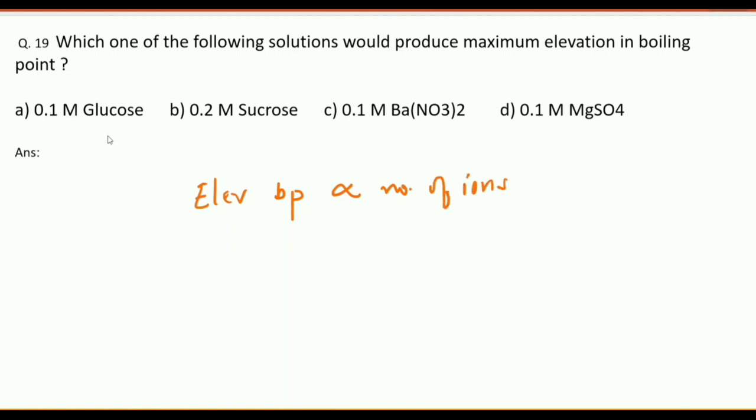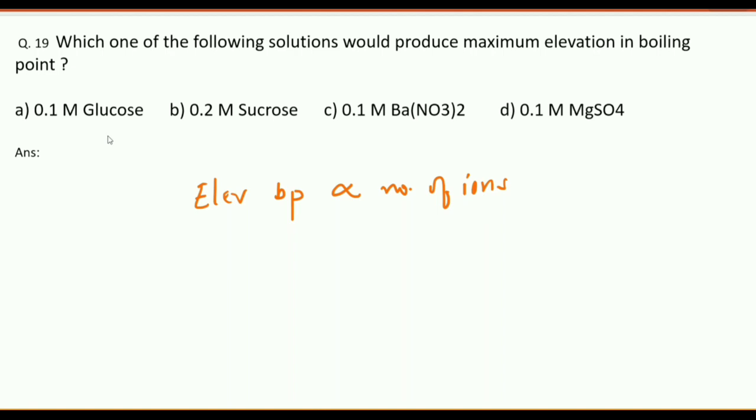The greater the number of ions dissociated, the greater the elevation in boiling point. So among glucose, sucrose, barium nitrate and magnesium sulfate, which have a higher number of ions? Glucose and sucrose are not dissociated into ions. So let's see barium nitrate and magnesium sulfate.